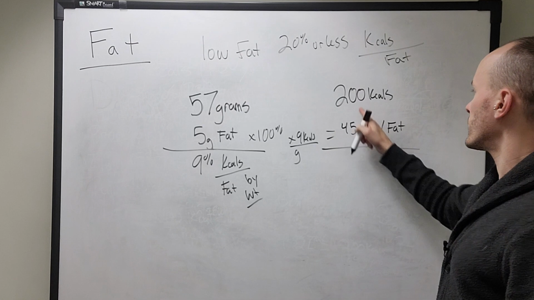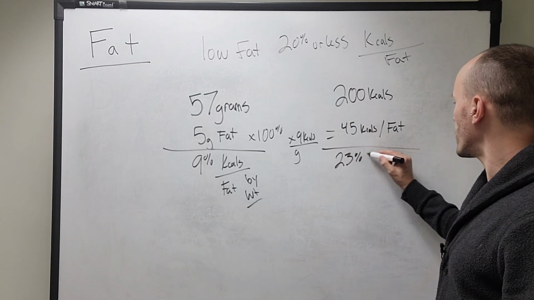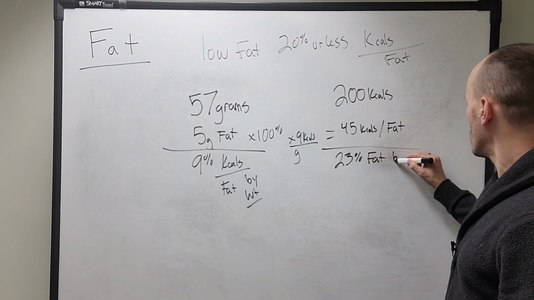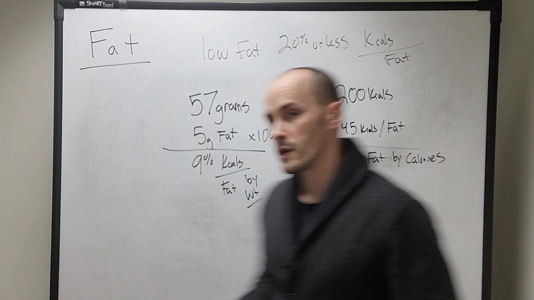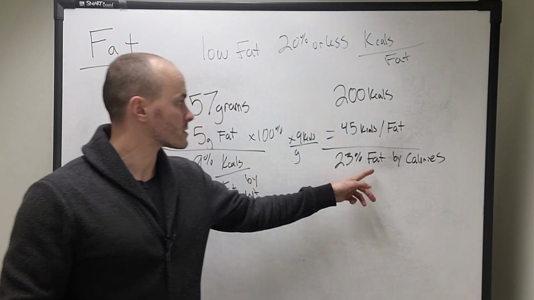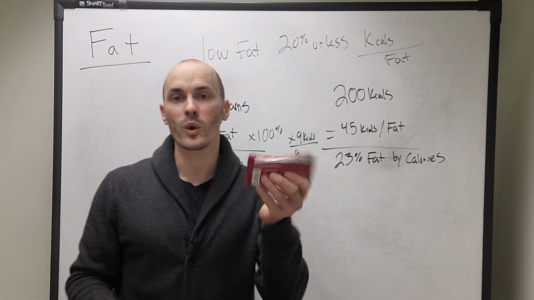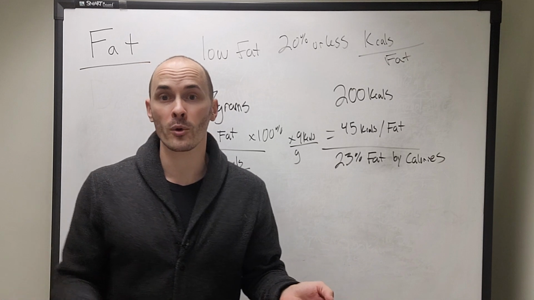So 45 kcals into 200 gives you 23% fat by calories. You see the difference here when you use it by weight versus by total calories, because there's weight in this product that doesn't include any calories. Things like fiber and water.